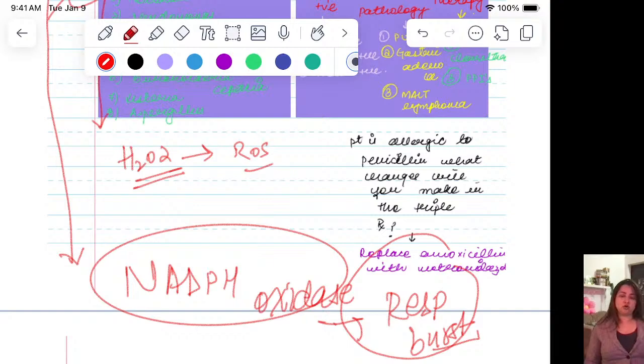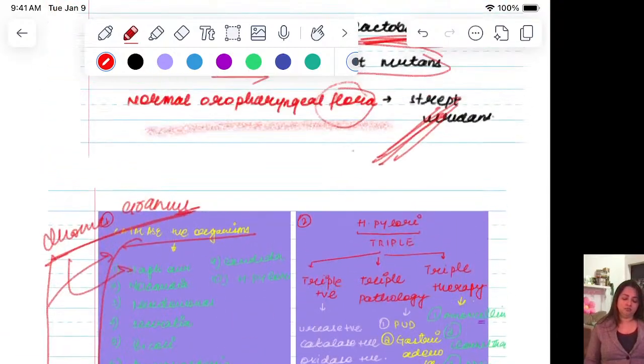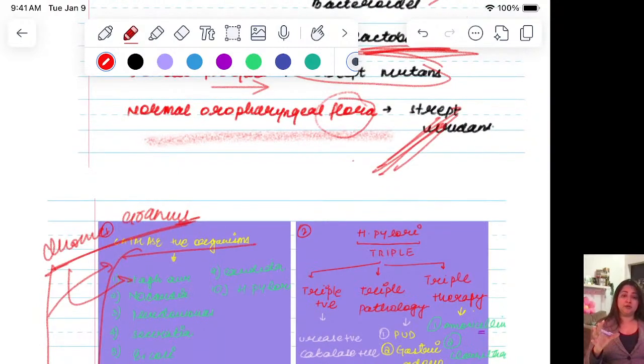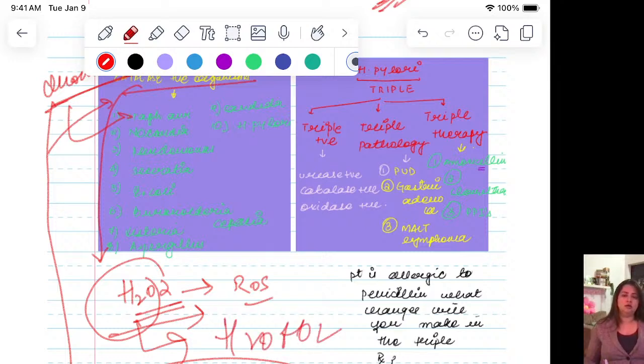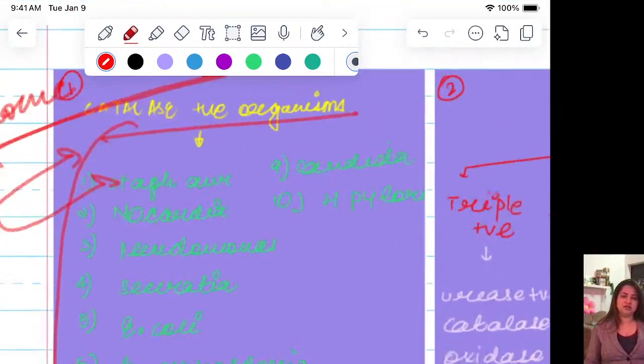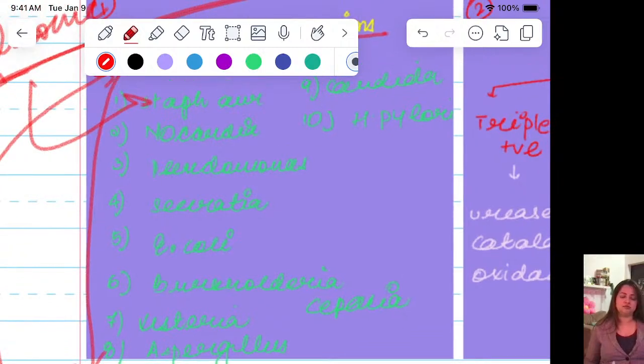NADPH oxidase is defective in chronic granulomatous disease, so the respiratory burst is disrupted. The hydrogen peroxide, which had to be converted into reactive oxygen species, will be broken down by these catalase positive organisms into water and oxygen. So there is no one to kill these organisms. This is why such patients get infections with catalase positive organisms.